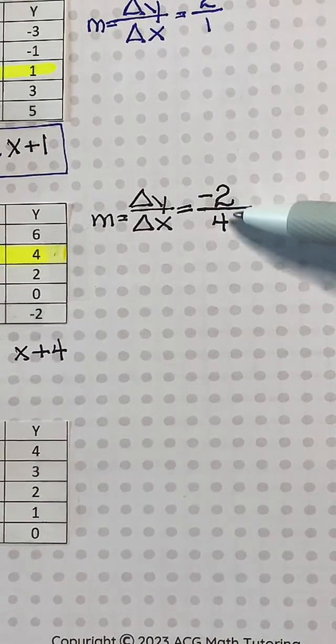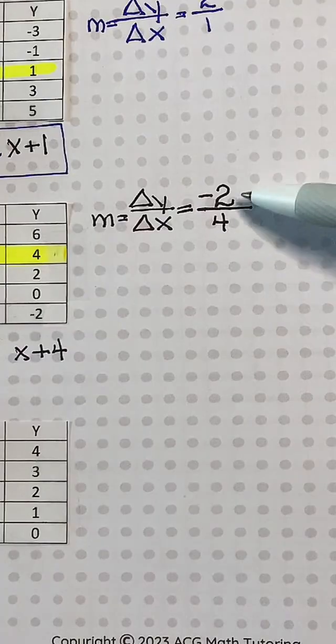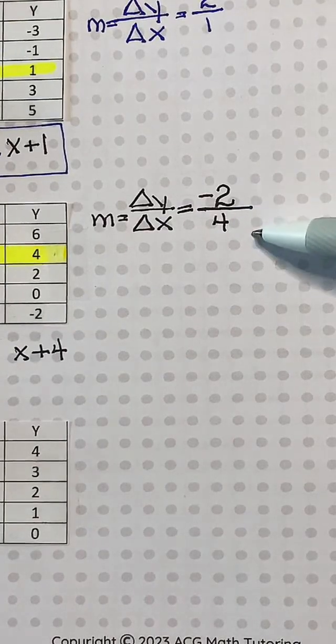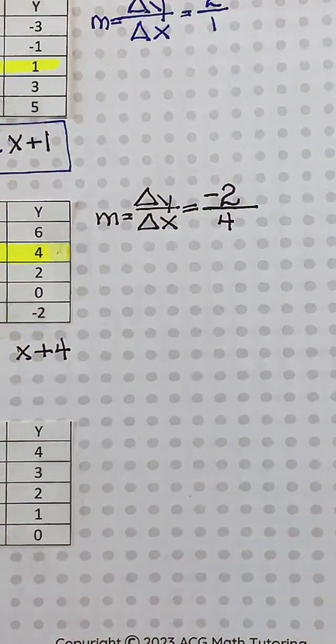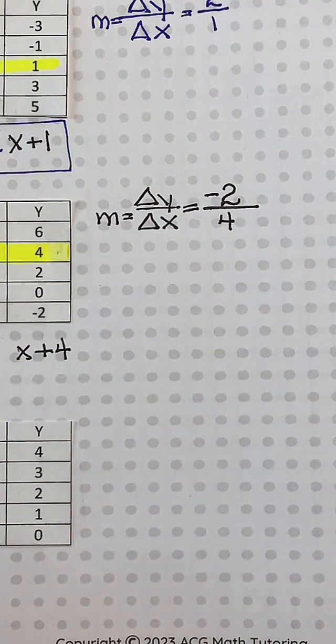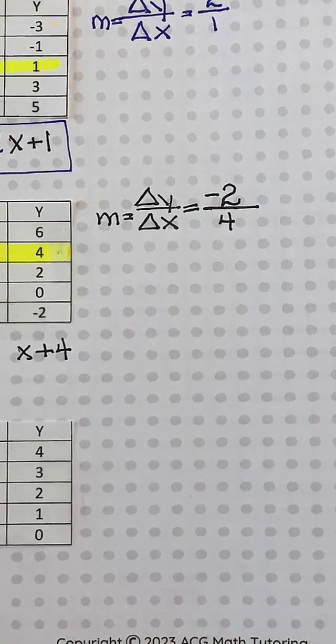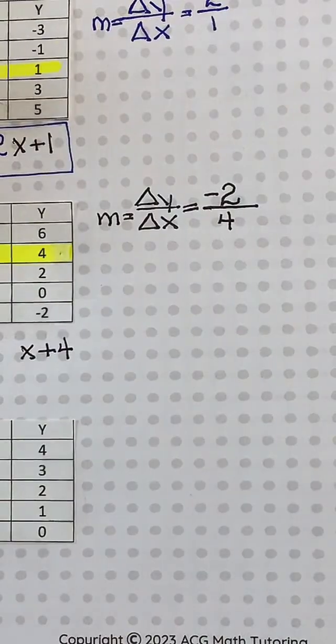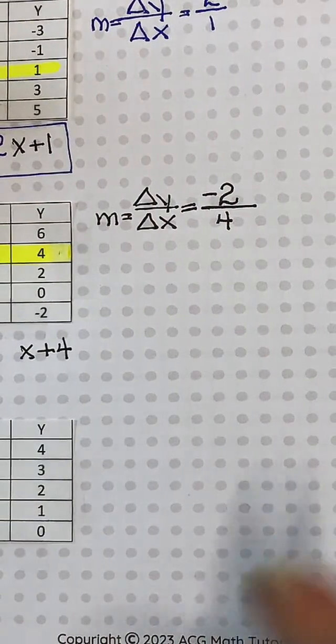2 and 4 are both even numbers. They could be reduced by what? Okay, Maya saying -1/2. Mona saying -1/2. Reese is saying -1/2. Good, guys. There you go, Kai with -1/2. Yes. And this is how they're getting the -1/2.